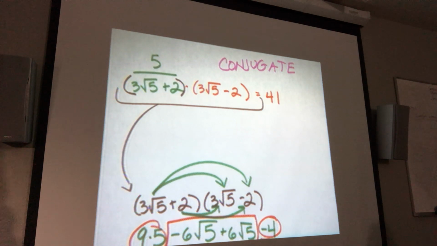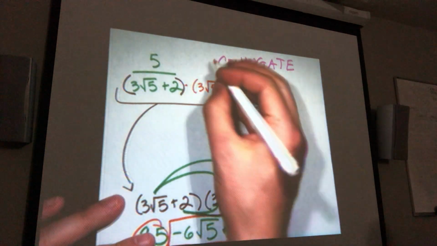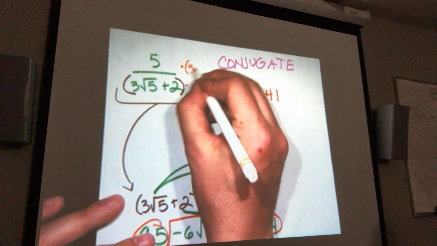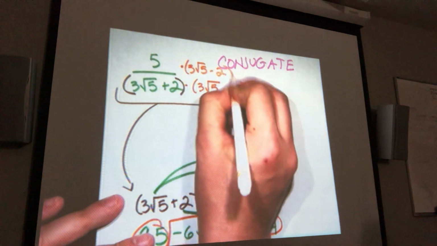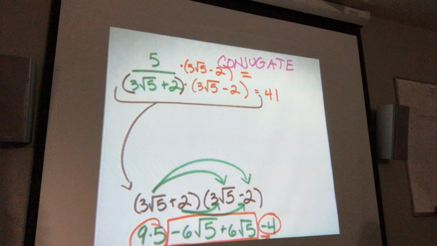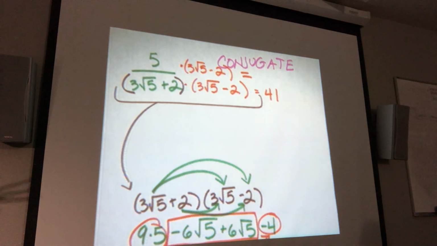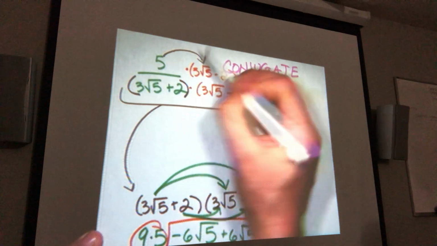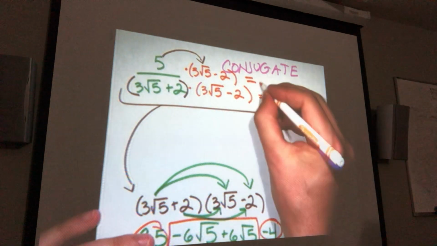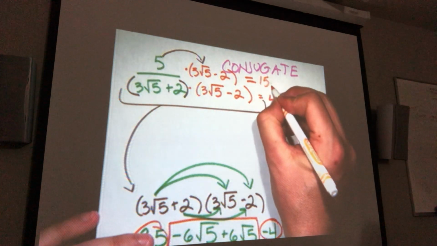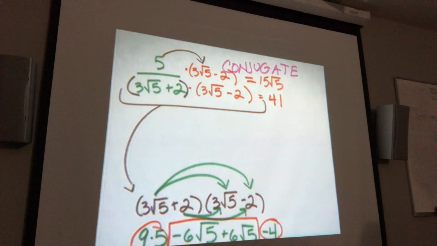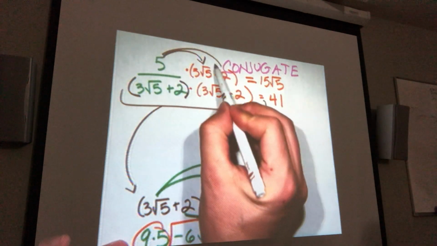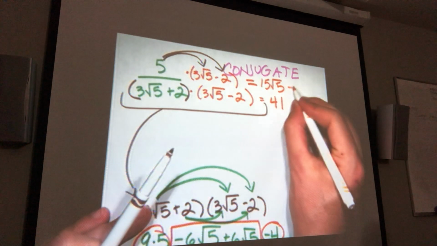What do I have on the top? Well, I'll multiply the bottom by 3 root 5 minus 2. I gotta multiply the top by 3 root 5 minus 2. And that's a pretty simple distributive property. 5 times 3 root 5 is 15 root 5. And then 5 times negative 2 is minus 10.